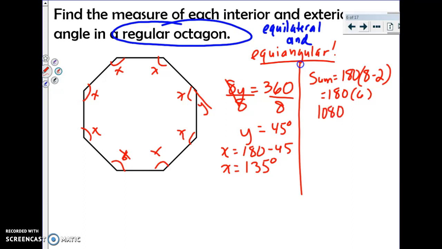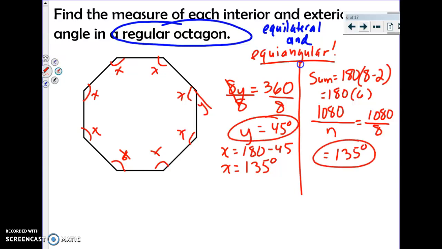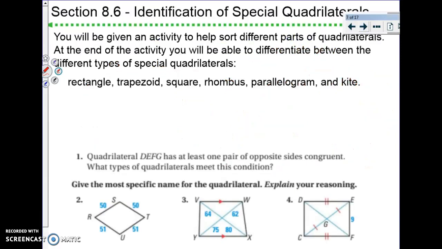I'm just looking for 1. So how many angles do I have in an octagon? I have 8. So I'm going to have to divide by the number of sides. And hopefully I get 135. I do. 1080 divided by 8 is 135. All right, so we have successfully found the measure of one interior angle and one exterior angle for my regular octagon.